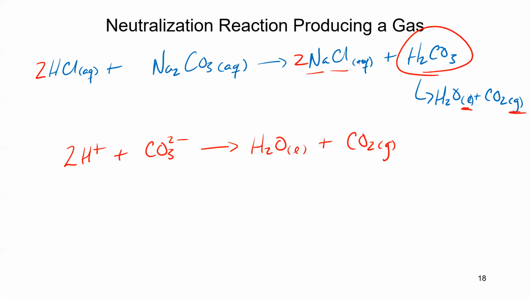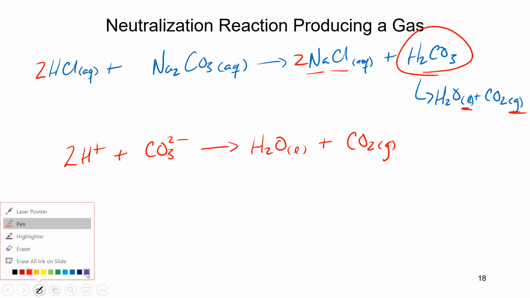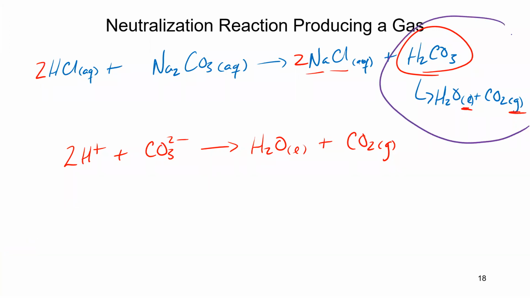How did you know that it was going to break into the H2O and CO2? So carbonates are very good at this because the carbon dioxide really wants to get out of that carbonate. And really, you just have to know this part in purple. If you have H2CO3, this is called carbonic acid.